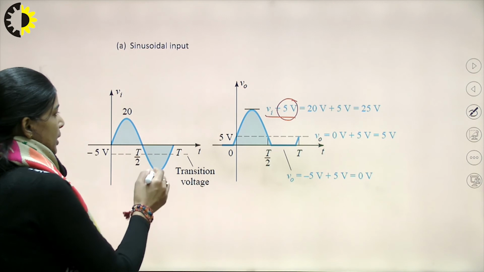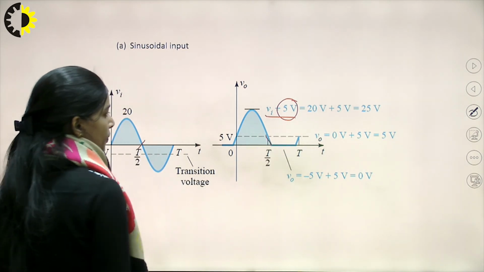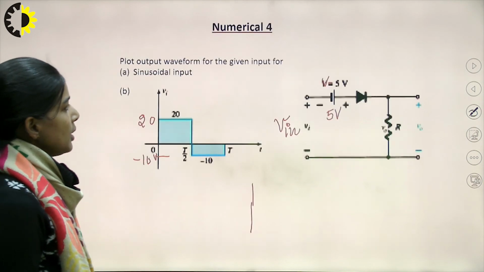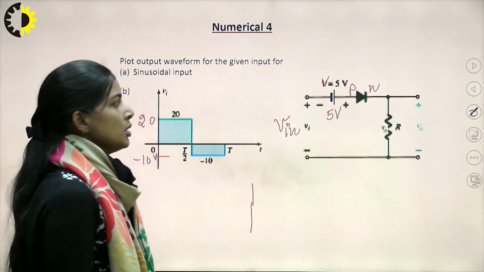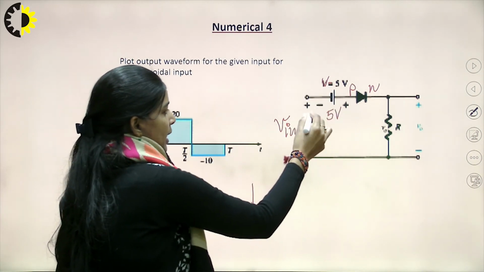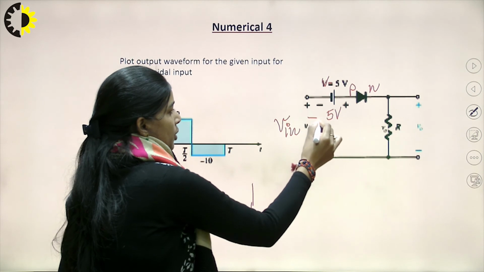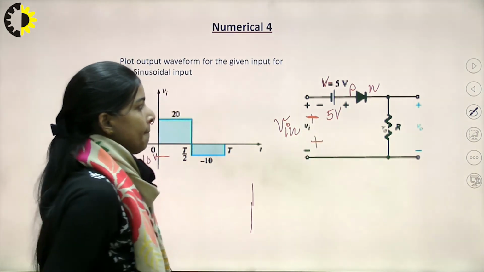Then when the negative cycle appears, it will start falling, and if you see the figure, this is the P side and N side of the diode. So, this will be positive, and for the negative cycle here we have positive, negative and positive.